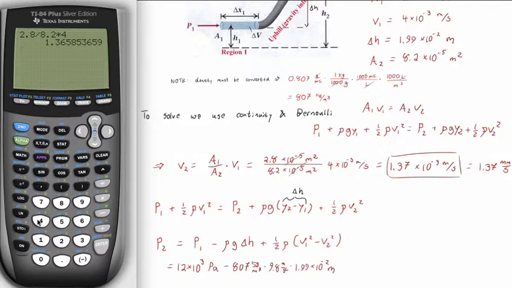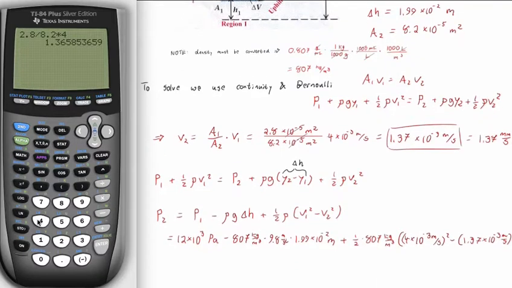Now our third term, the velocity pressure term: 1/2 multiplied by 807 kilograms per cubic meter, then our change in velocity. Our initial velocity was 4 times 10 to the negative 3 meters per second, squared, minus 1.37 times 10 to the negative 3 meters per second, squared.